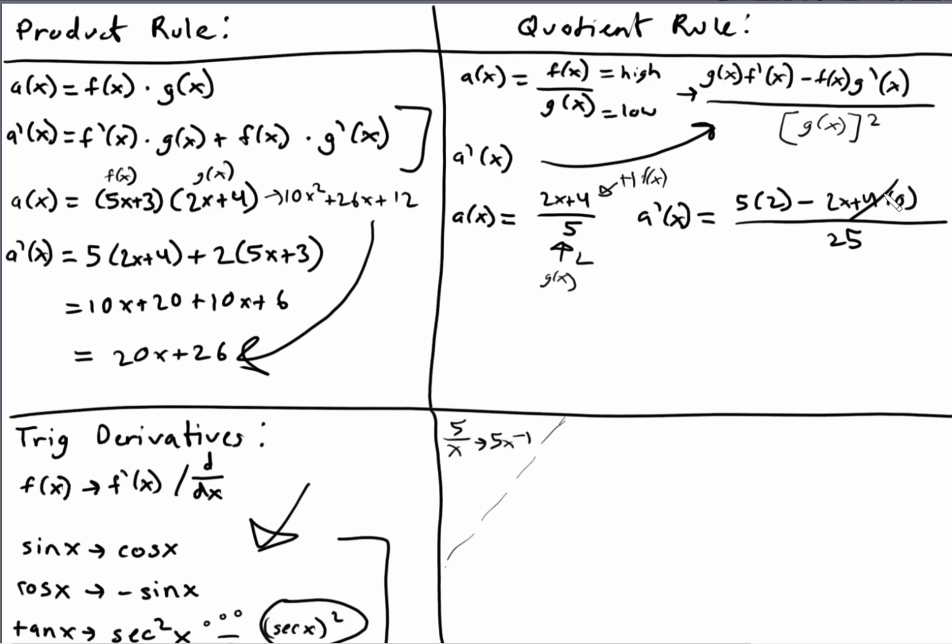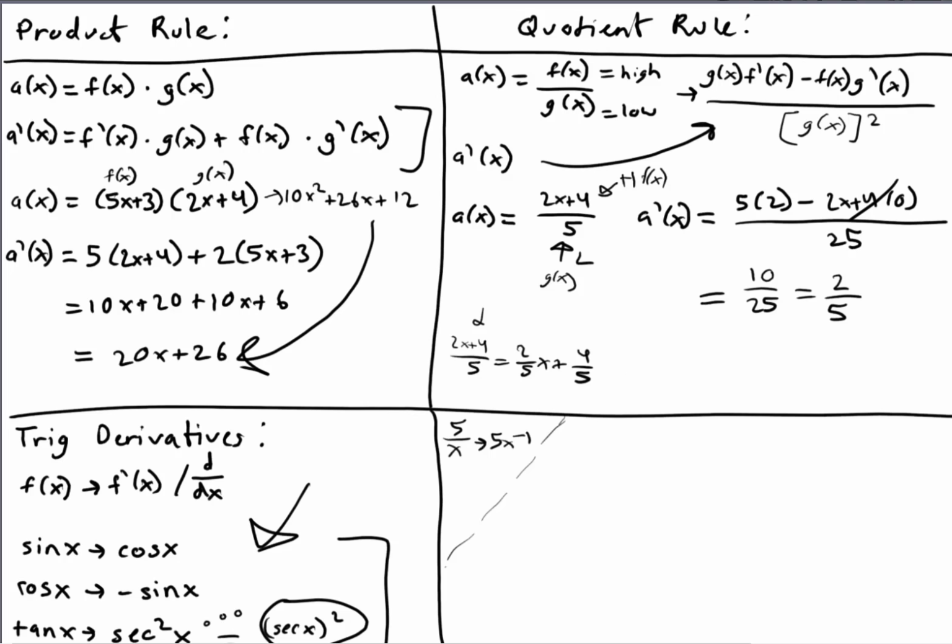Now this cancels out because that's just 0, and we'll get our derivative to be a constant, which is 10 over 25, or you can divide both by 5 to get 2/5. Now you can do the same thing here. You can write 2x plus 4 over 5 as 2/5 x plus 4/5.